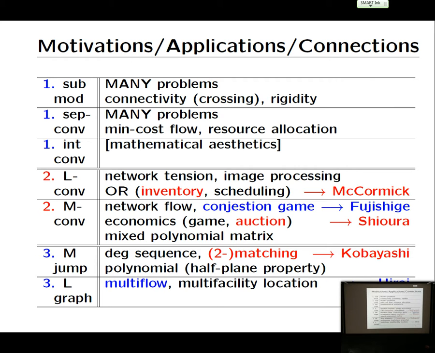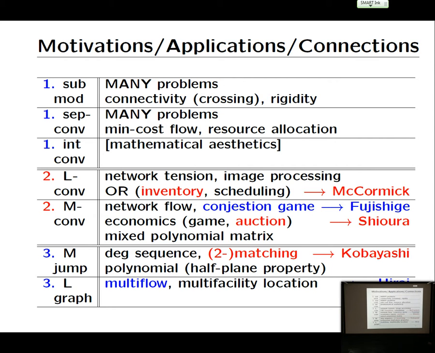And so then the new generation, the M-convex function jump system, was introduced to deal with the degree sequence on graph, non-bipartite graph, or matching problem, the constraint matching problem. And Yusuke Kobayashi will talk about this.